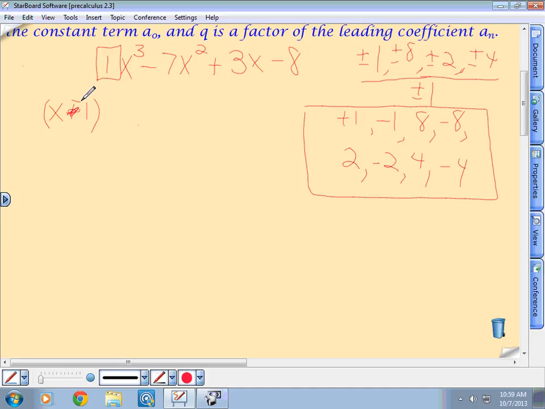So let's do it at +1 and do the synthetic division out. Do the synthetic division for the +1. It's 1, minus 7, plus 3, minus 8. Okay, let's see if I can remember.